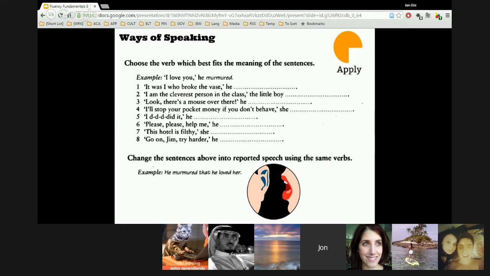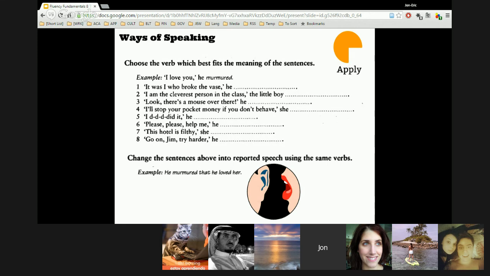No, it's not wrong. But urged is better, because urge is when you want someone to do something. But it's a positive thing. And insist maybe sounds a little bit more negative. My boss insisted that I hurry up.